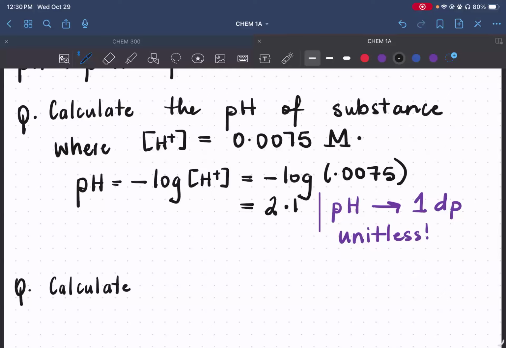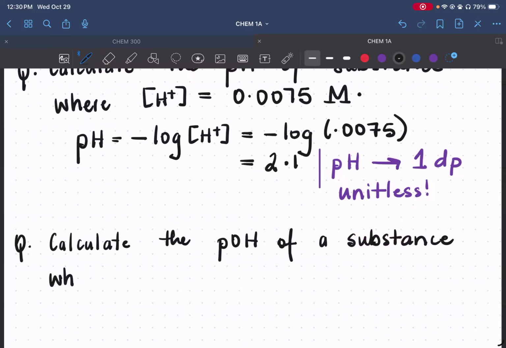This one says, calculate the pOH of a substance where the H plus concentration is equal to, let's say, 0.0092 molarity.